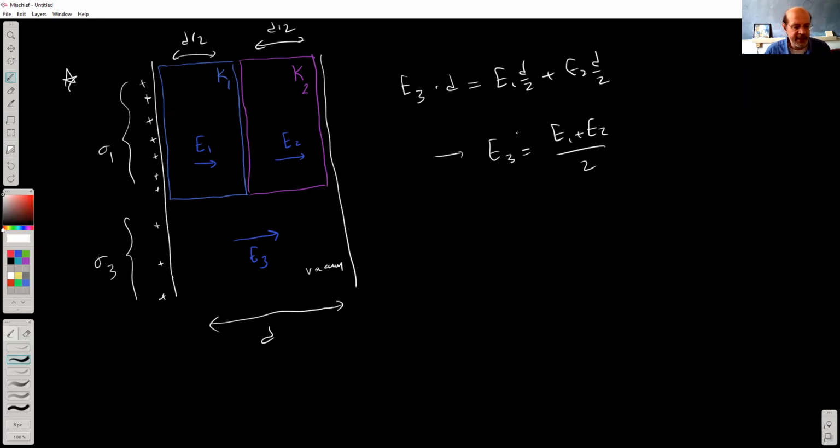In any case, as I said, I'm not going to solve it. There's no point in solving this problem here. But these kinds of problems, which are a little bit more complicated, are best attacked with these equivalent capacitor circuit formulations.